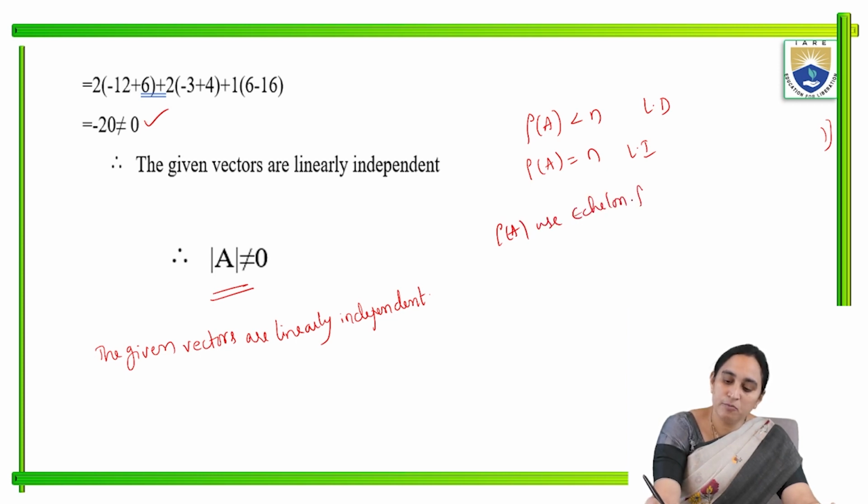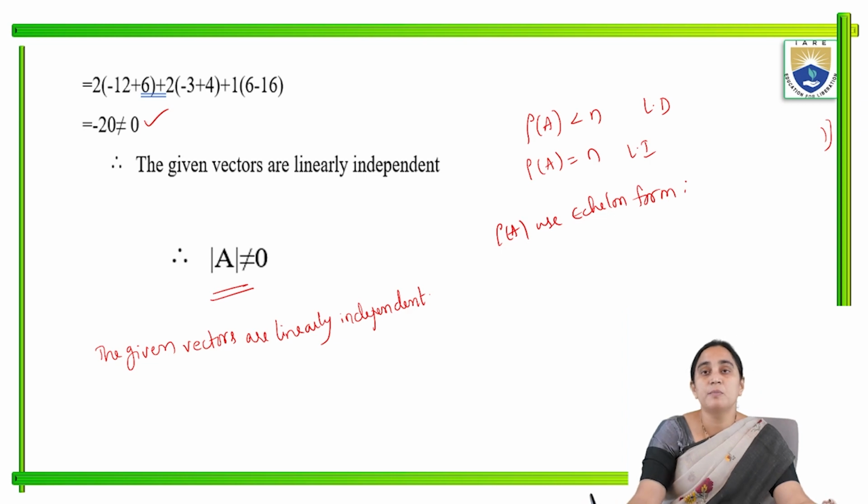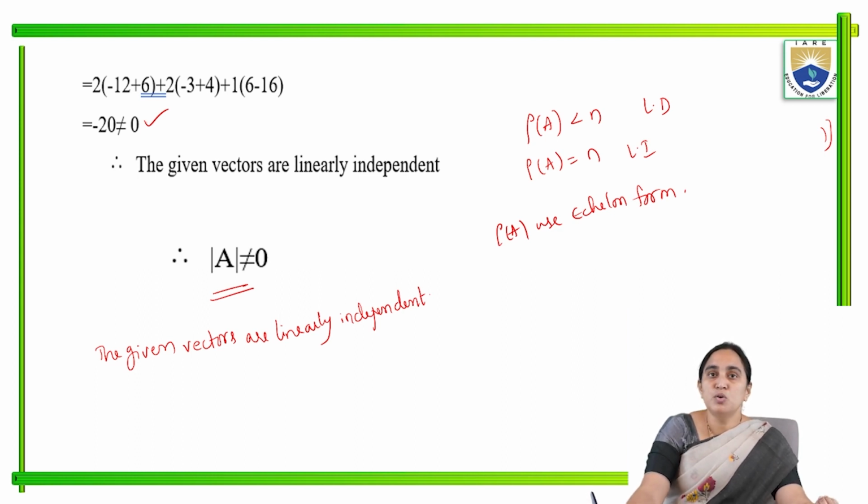In the echelon form, we apply only row operations. From the row operations, we reduce the matrix to upper triangular. Upper triangular means the entries below the diagonal are zeros. We already discussed this in the last classes.